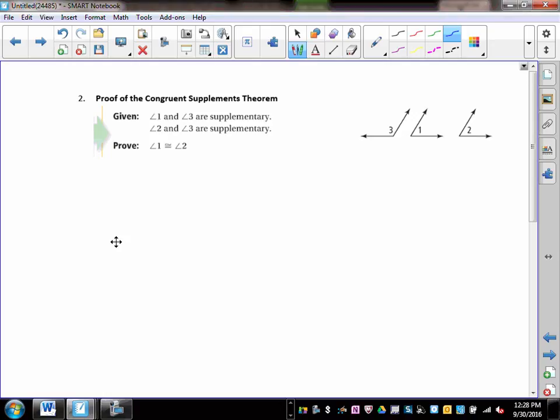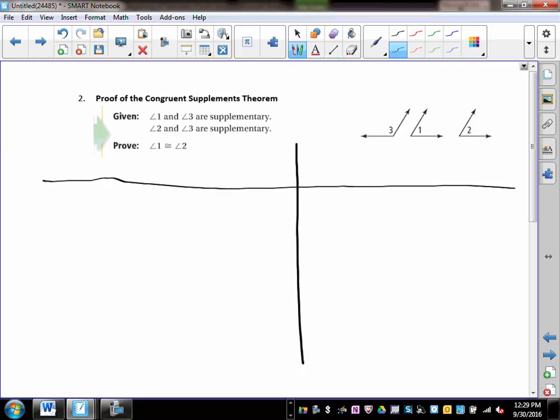Alright. So angle 1 and angle 3 are supplementary. Angle 2 and angle 3 are supplementary. So write in our statements and reasons. And we all know our first statement.